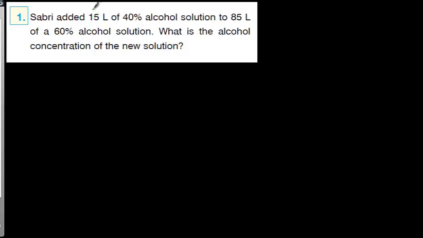So 15 liters of 40% alcohol solution means 15 times 40 over 100. This is the amount of alcohol. So this much alcohol we have inside. 15 times 40 over 100 is equal to 6 liters.